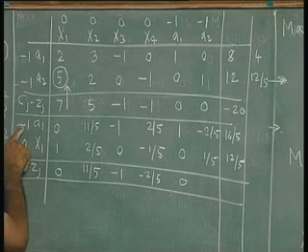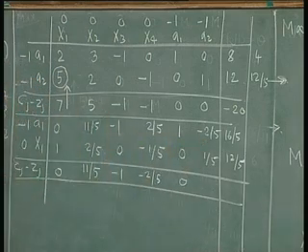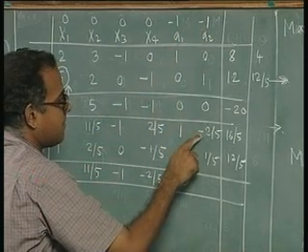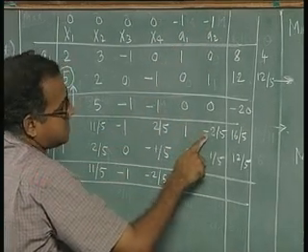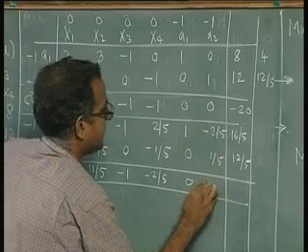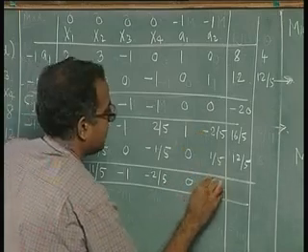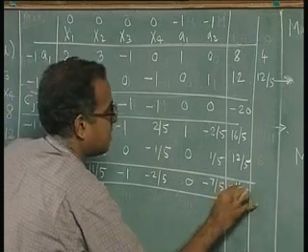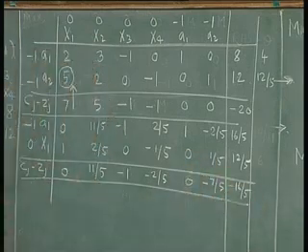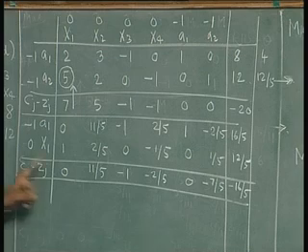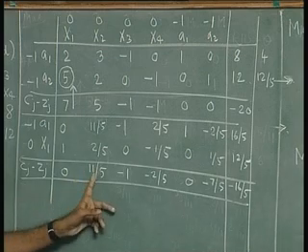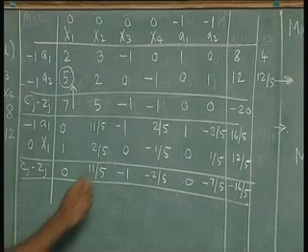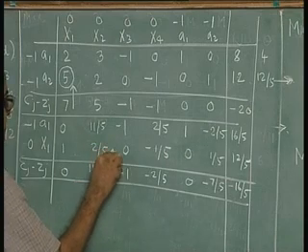This is minus 1 into minus 2 by 5 is plus 2 by 5. So, minus 1 minus 2 by 5 is minus 7 by 5, and this will be minus 16 by 5. Now, this variable has a positive Cj minus Zj, it is the largest. So, variable x2 enters the basis.